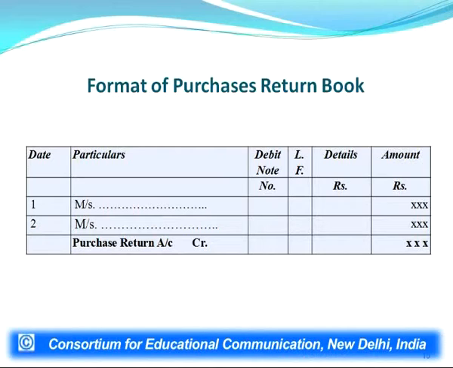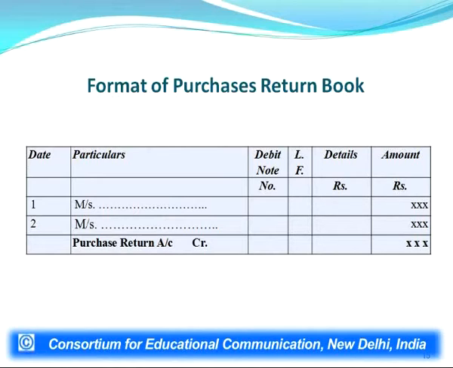The format of the purchase return book is quite simple. The date of transaction, particulars, that is the name of the firm with the detail of the goods returned, and the debit note number which we have issued, and LF is ledger folio when the posting is made into the ledger, details of the goods and the amount. At the end of the accounting period, we shall total this purchase return book, and the total amount shall be credited in the purchase return account.